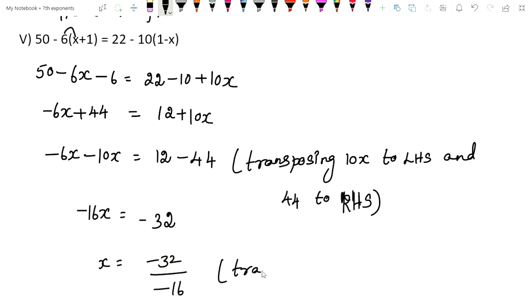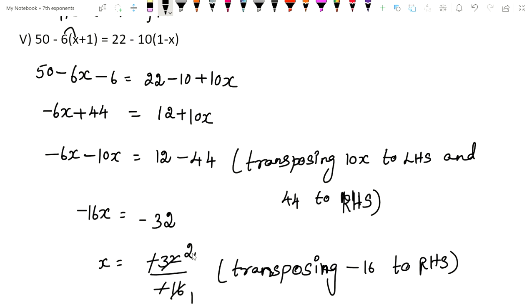So transposing minus 16 to RHS. Minus minus cancel, 16 ones are 16, 16 twos are 32.